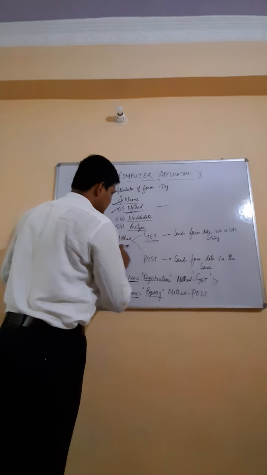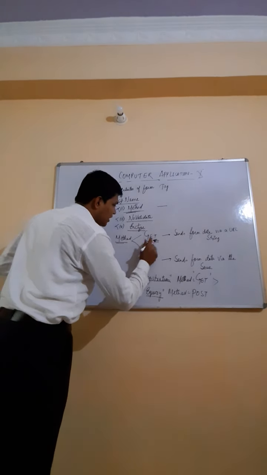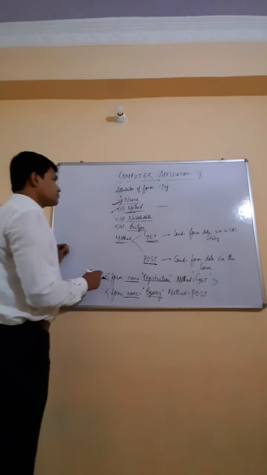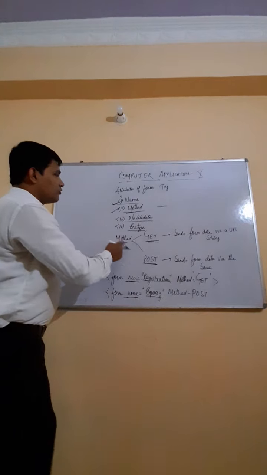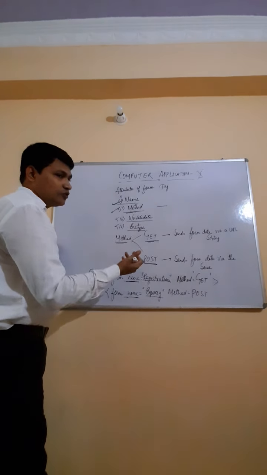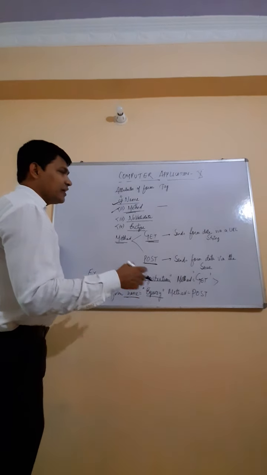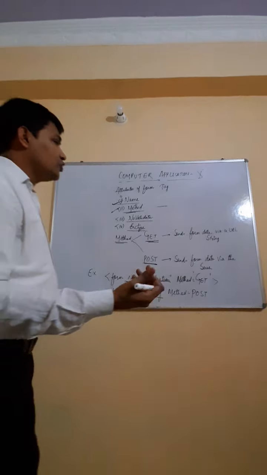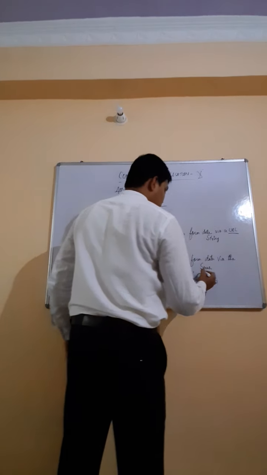The first one is the get method, and the second is the post method. The attribute of the form is method, and method is used to send the data via the form, via the URL or via the server.